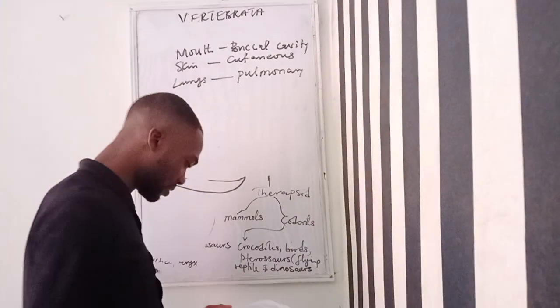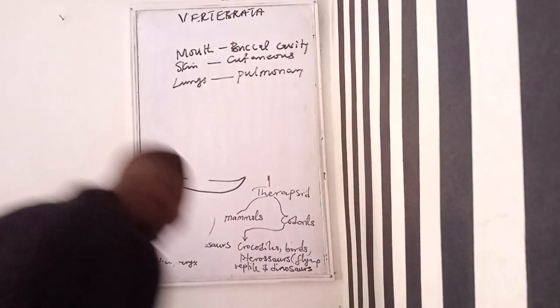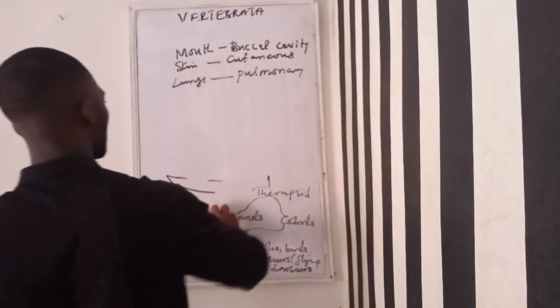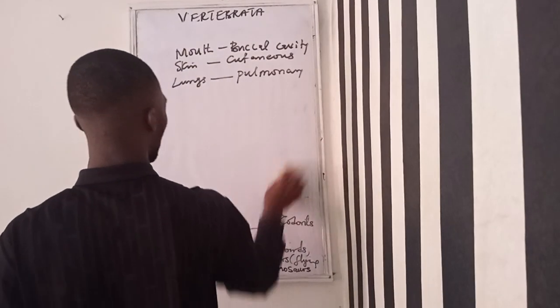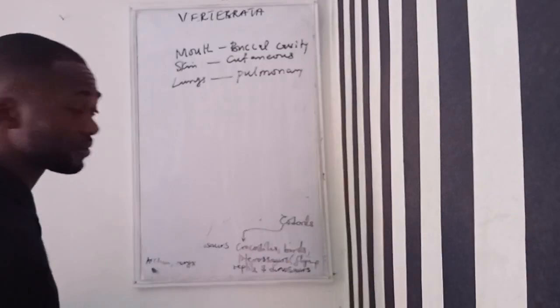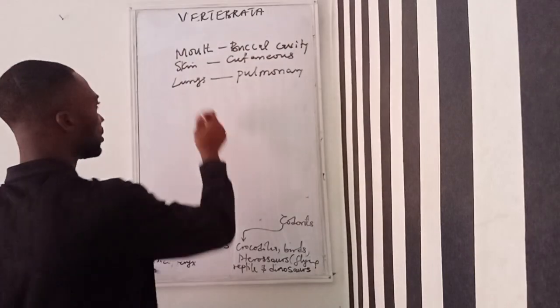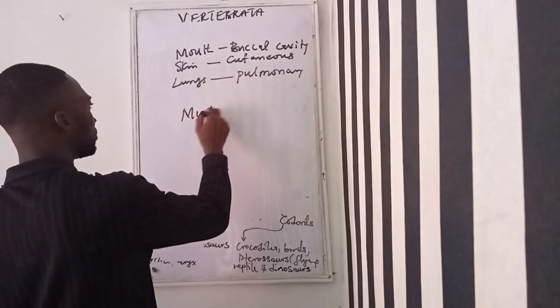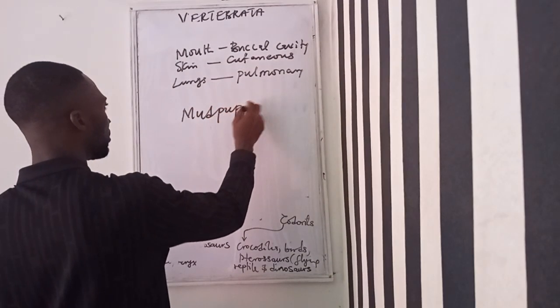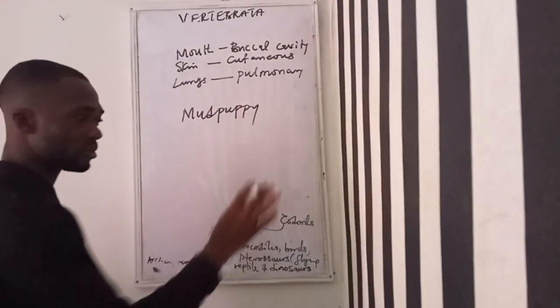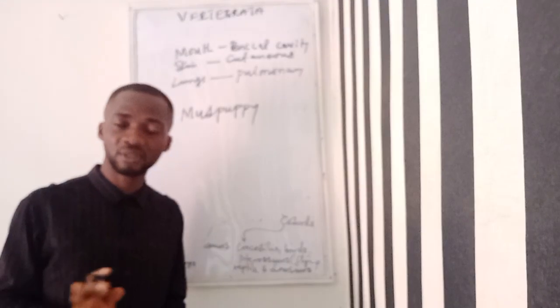Then the structure of the heart. Remember we said there are amphibians that have gills all through their life. Those ones are called the mud puppy. That means that gills persist all through their life, and of course they have adapted to live permanently in water.